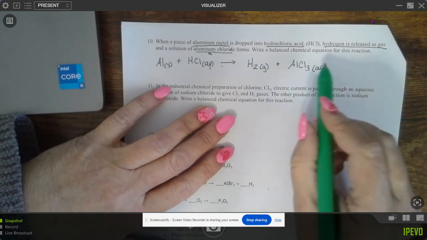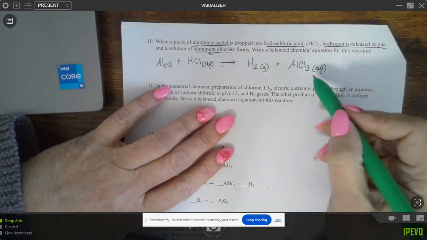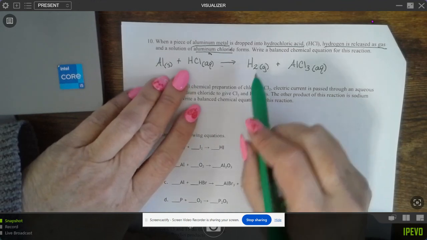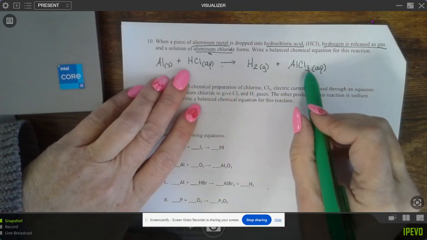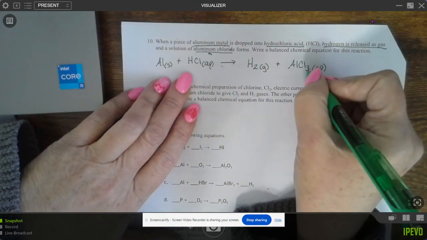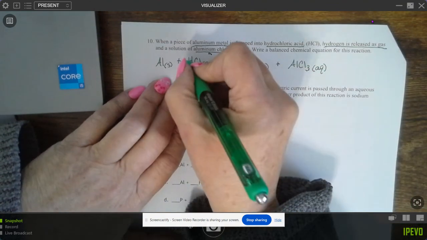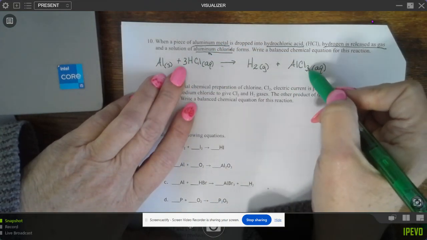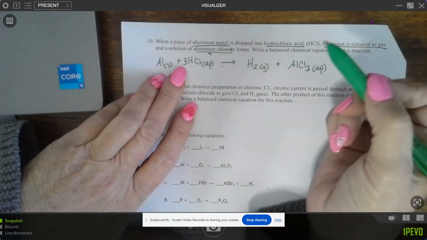And let's see, we do want a balanced chemical equation. So let's see, I have 2 hydrogen and only 1 hydrogen, and I have 3 chlorine and only 1 chlorine. Okay, so if I balance here first, if I put a 3 here, that gives me 3 chlorine. However, it gives me 3 hydrogen.